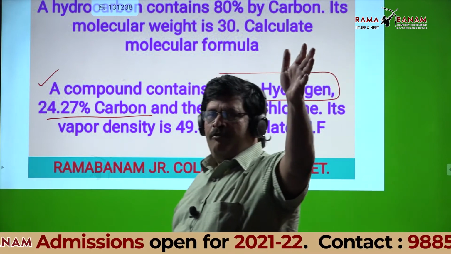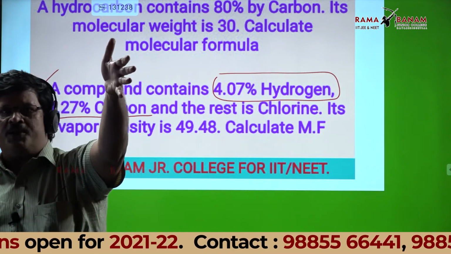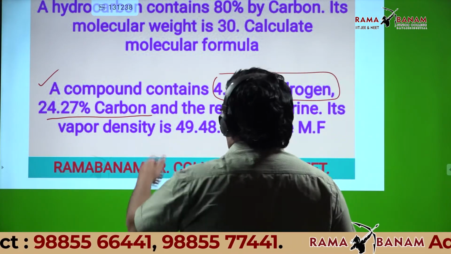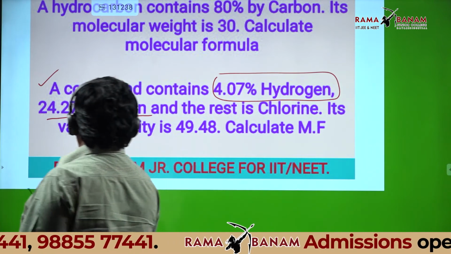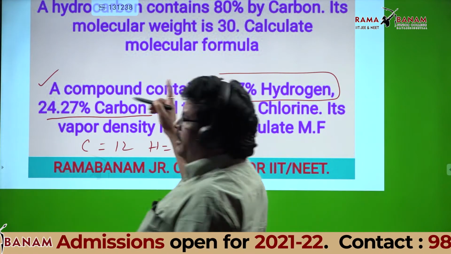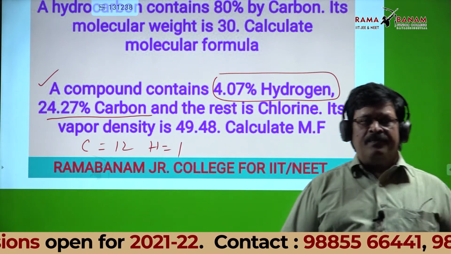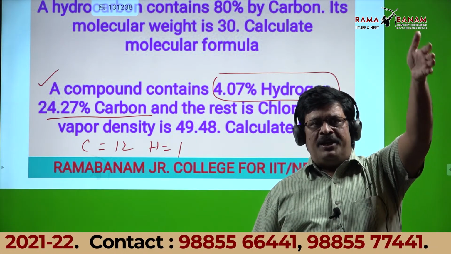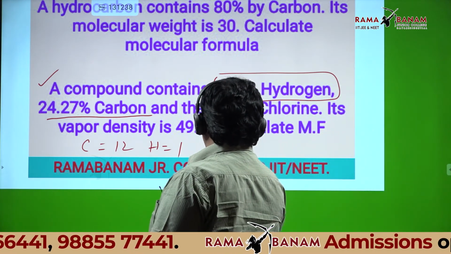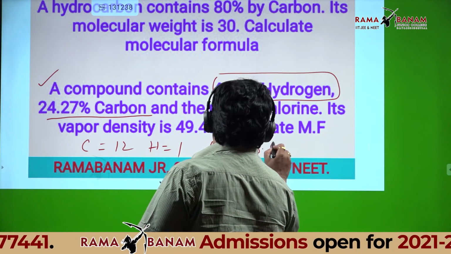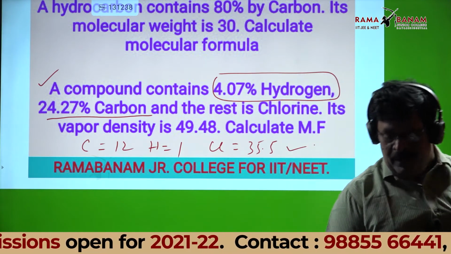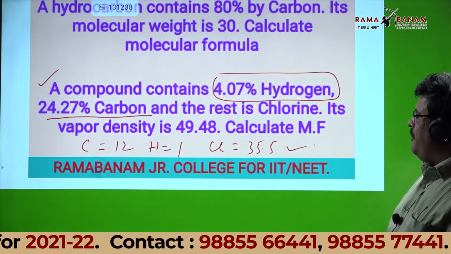If you want atomic weights, carbon is 12, hydrogen is 1, and one more element is present. It is mentioned that the rest is chlorine, so you should know the atomic weight of chlorine also. 35.5. That's right, Jaya. Chlorine atomic weight is 35.5.